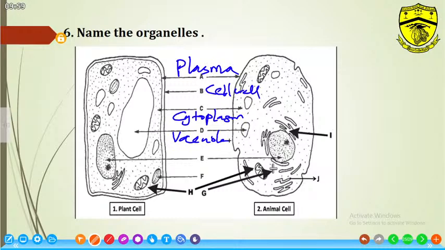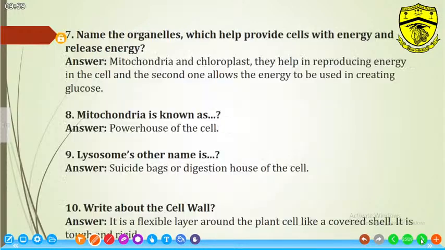And finally, this is the nucleus. This is the chloroplast, which is only present in plants. And here, ER is also present, and centrosomes are present only in animals.